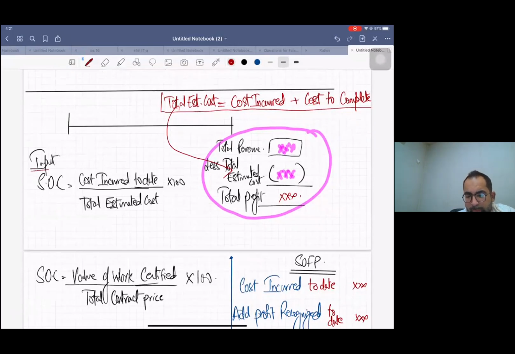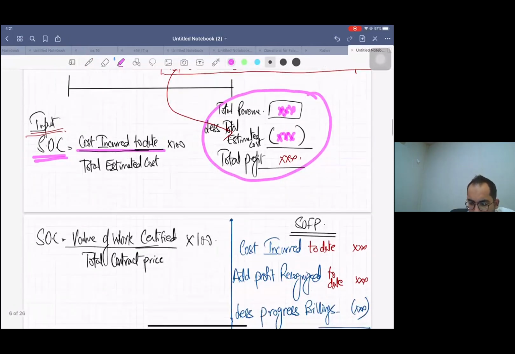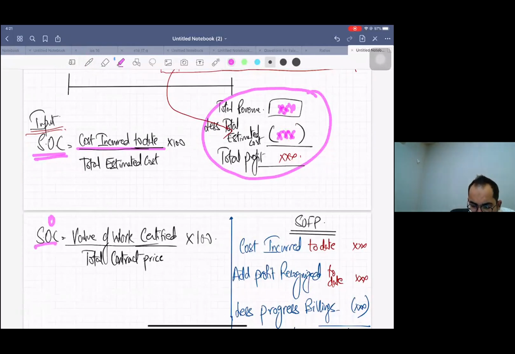The first is the input method: cost incurred to date divided by total estimated cost times 100. The second is the output method: value of work certified to date divided by total contract price times 100. So you may have to use one of these formulas.